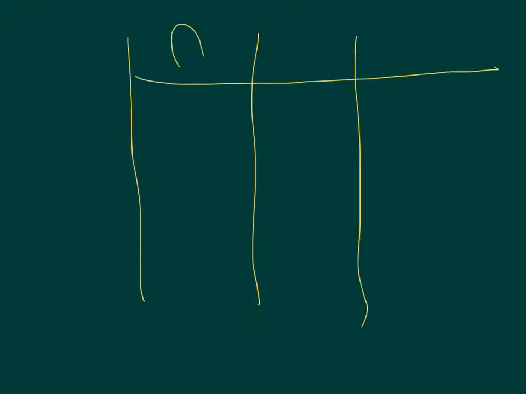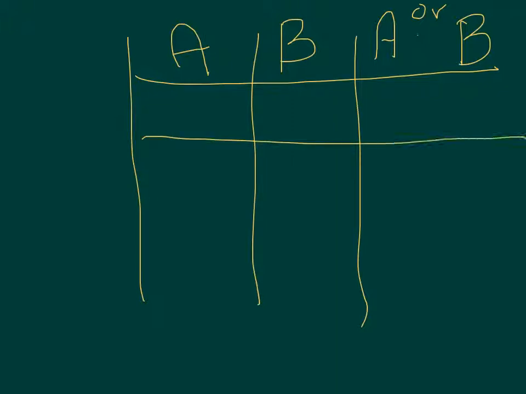Put your A or your dog at the top of the first column, your B or your cat at the top of the second, and your A or B. Now, the V, it's not a V, it's just a little symbol that means or. So we can write or up here too, if you feel better with that. Okay, so we're also going to need our 4 rows.